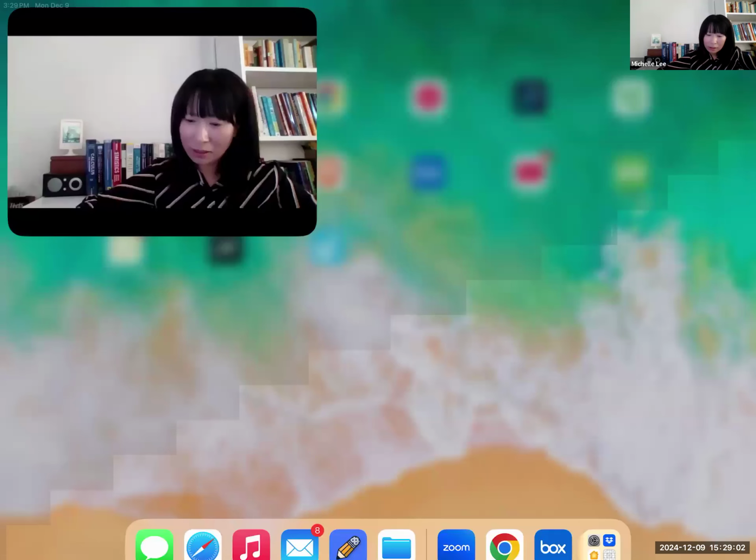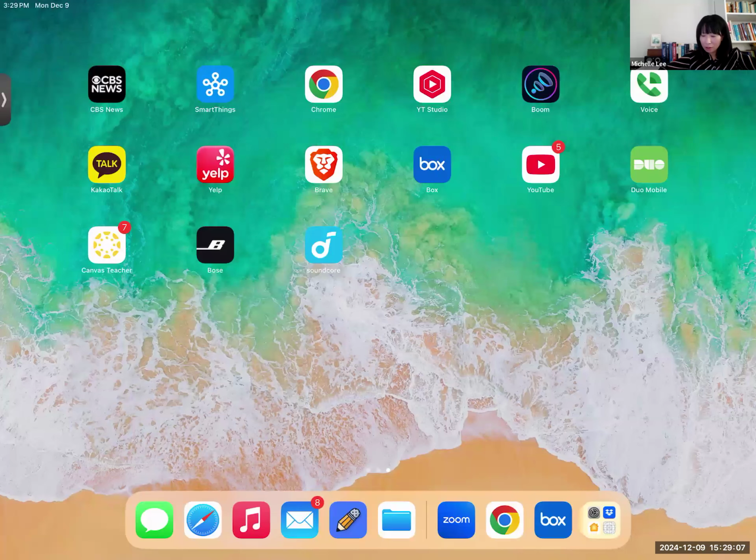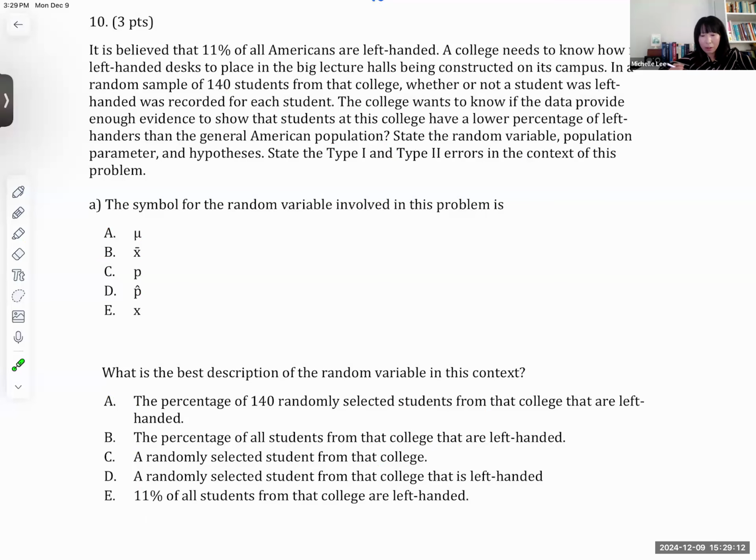Sorry about that. Okay. Number 10, please read. You've seen this one before in your homework. So 11% of all Americans are left-handed. All right. This one, they talk about a random variable, then think about the sample, right? So they ask about 11%.